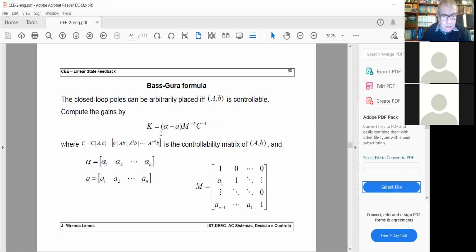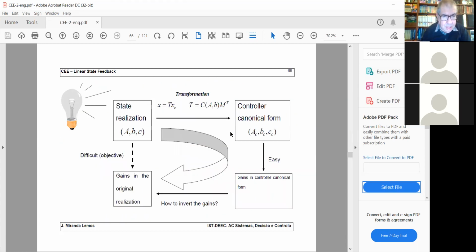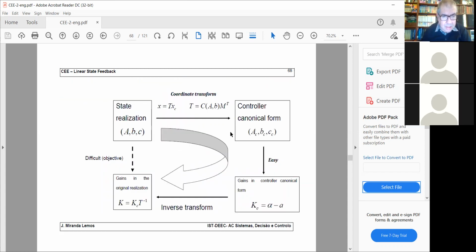This formula is apparently very cumbersome, very strange, but actually it's very simple. You can get it using this very simple argument of starting with a state realization, doing a state transform such that the problem of pole placement becomes trivial, solving this trivial problem, and then inverting the transform.